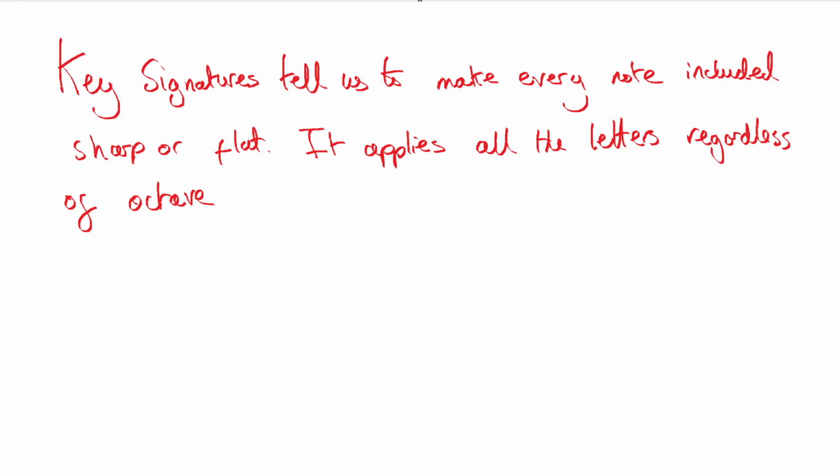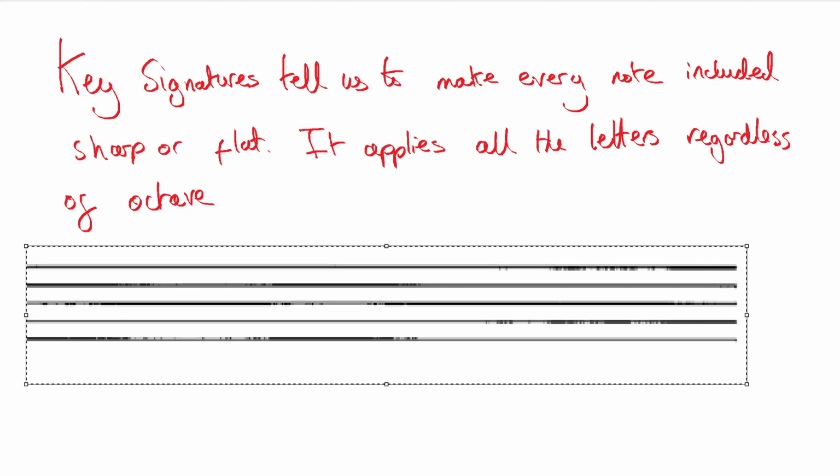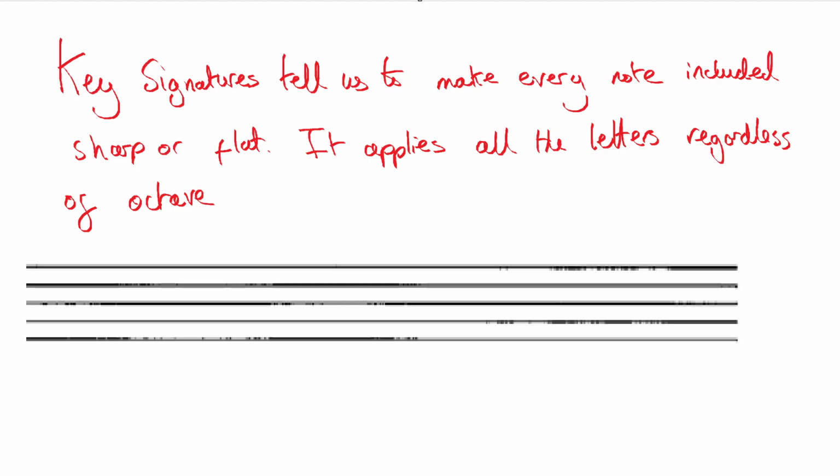So learning about what we've just done, we can relatively easily make and understand the key signatures of all the major keys that we need to learn. So here is a staff, and these are the ones you need to memorize. C major has a blank key signature.